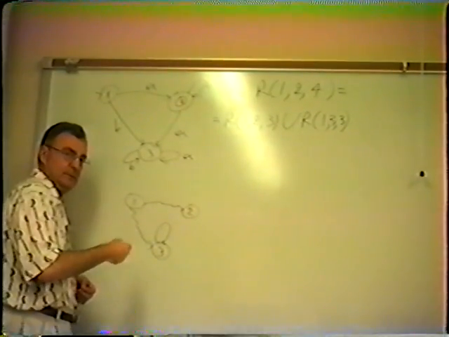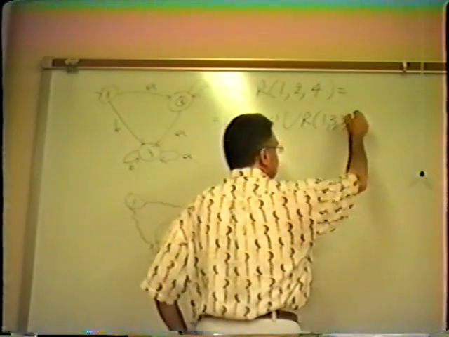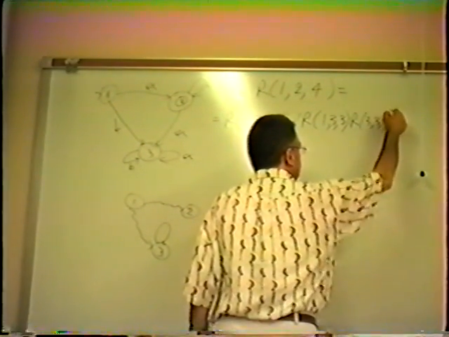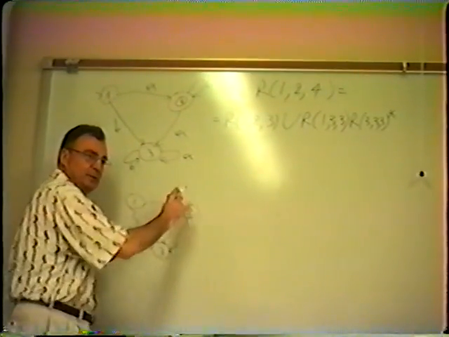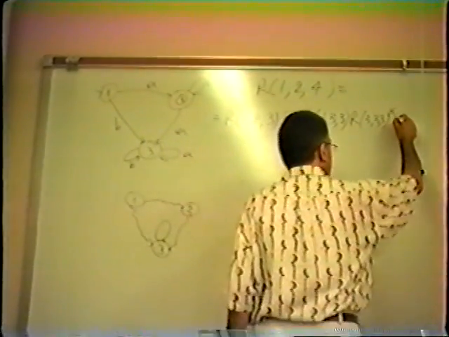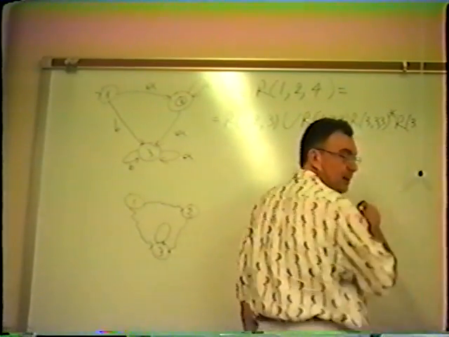R333 star, because you can do it a number of times. Concatenate it with the strings that will leave 3 and go to 2. So you just put R323.